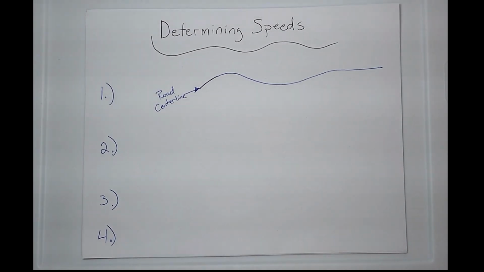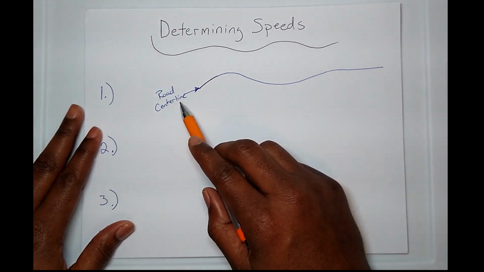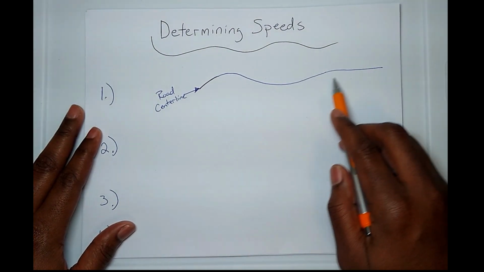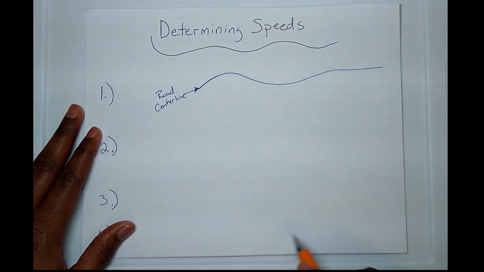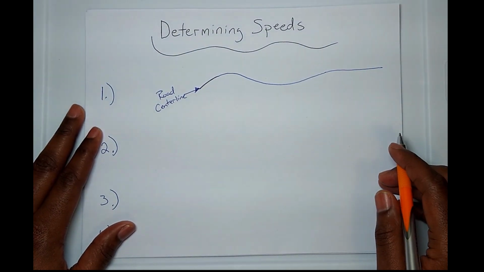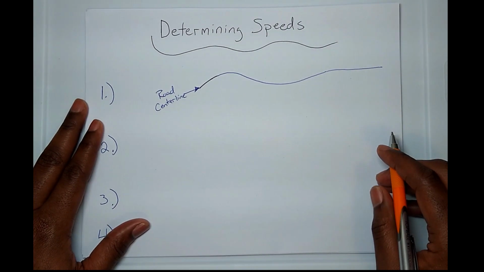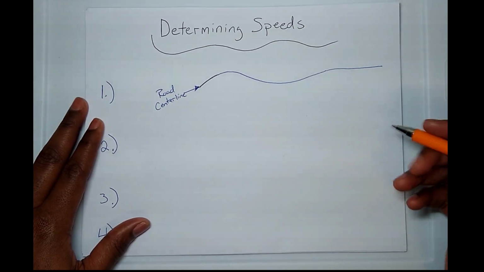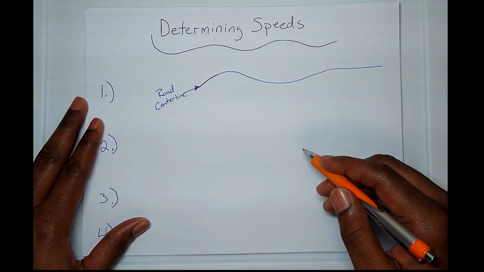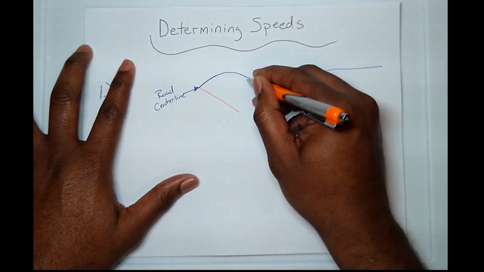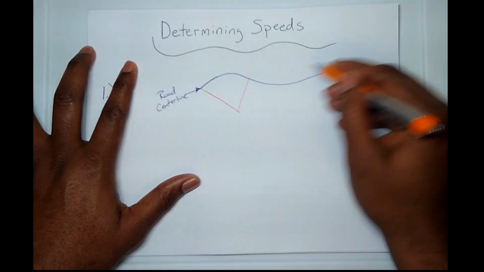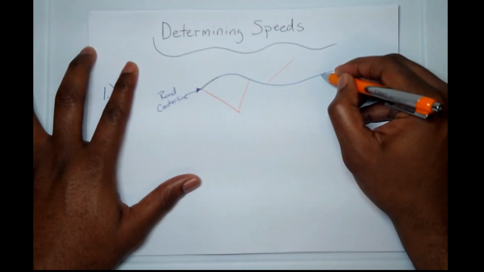All right, number one. Here is a roadway center line. So if you're looking at it from a bird's eye view, horizontal curves are shown right here. One way the speeds can be set is from the necessary design that exists on the road. So let's say you have a horizontal curve here, and another one right about here.